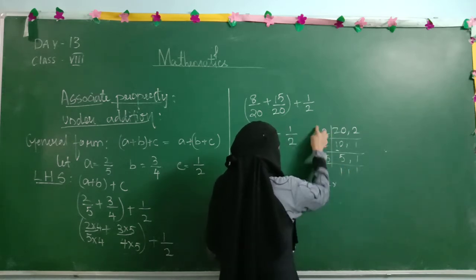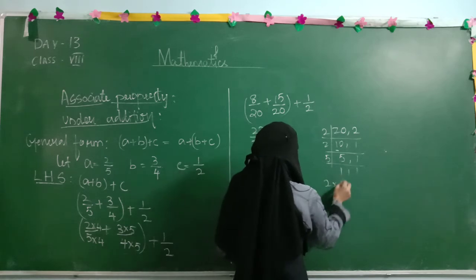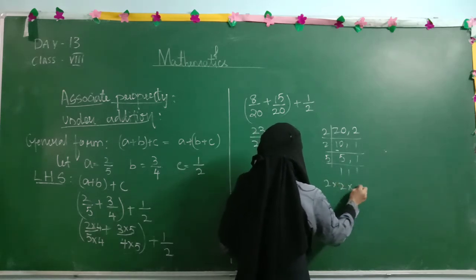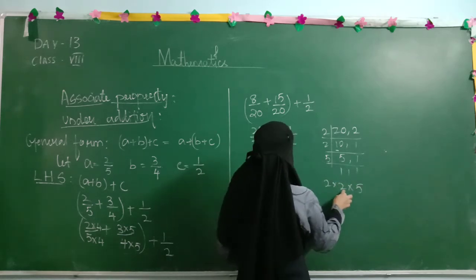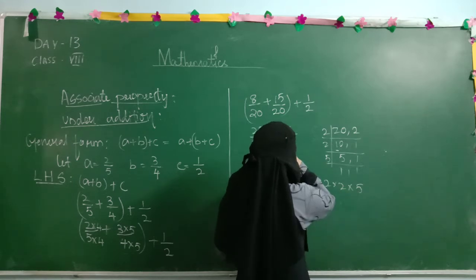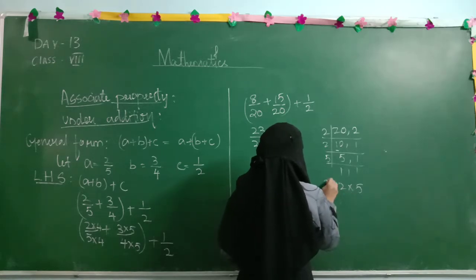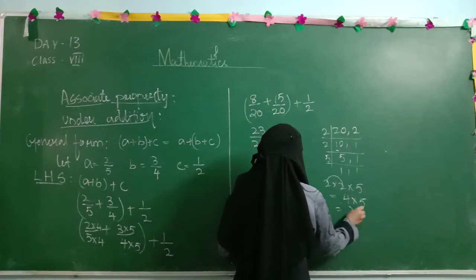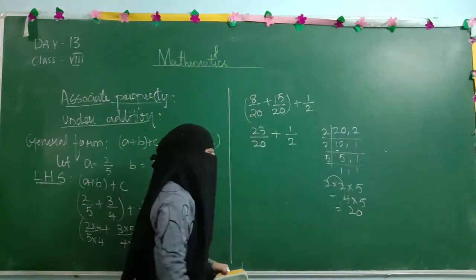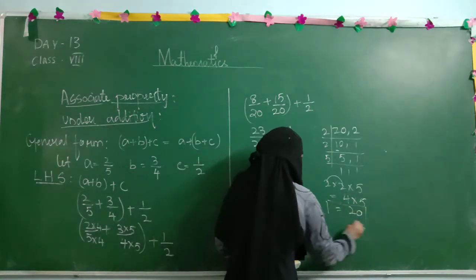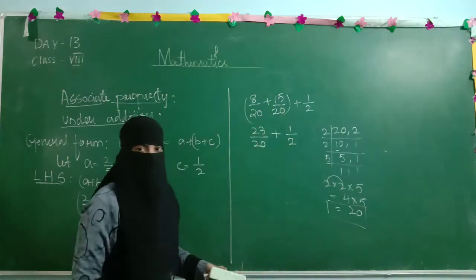Now whatever factors are here, I am going to multiply those: 2 into 2 into 5. So 2 twos are 4, 4 into 5 equals 20. So now you got the LCM as 20.